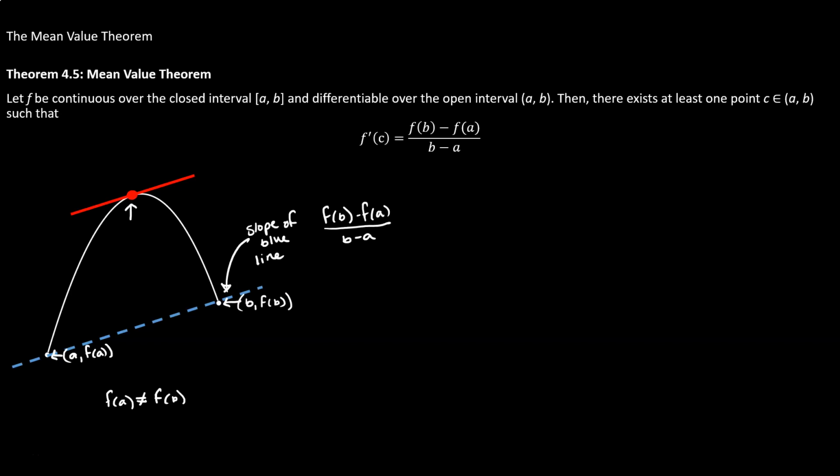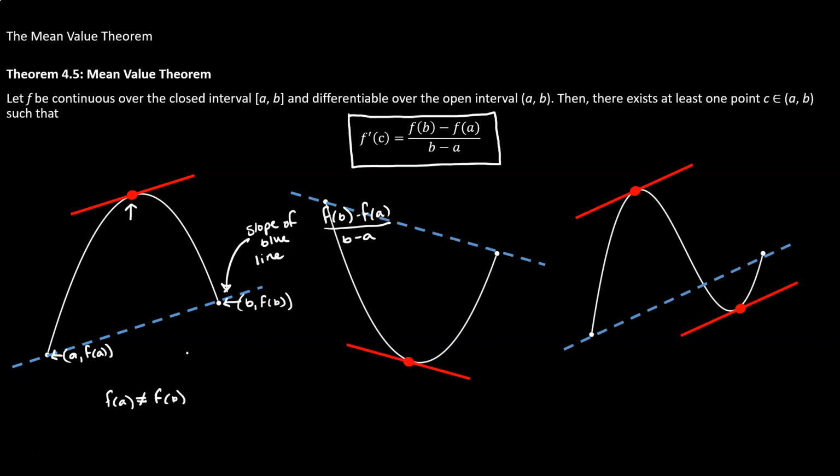So just like Rolle's theorem, except we're not saying the derivative is equal to 0 at this c value, we're saying the derivative is equal to the slope created by the endpoints. And so that statement is written here mathematically. f prime at c is equal to the slope calculated between a and b. And this would be true even if our parabola were upside down or if we had a function that had multiple wiggles between the endpoints. So the mean value theorem basically says that we can find a tangent line that's parallel to the line created by the endpoints of our function.